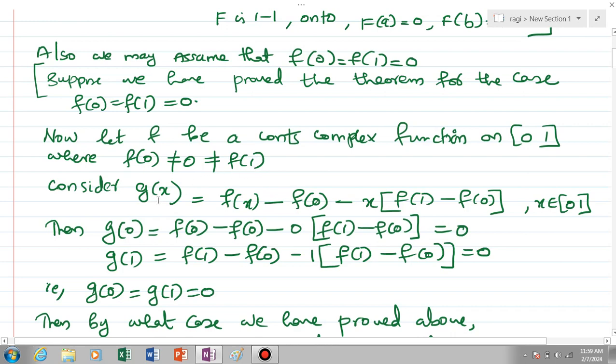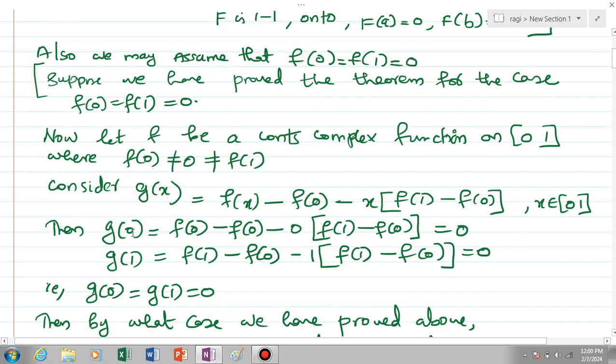Now consider the function g of x equal to f of x minus f of 0 minus x into (f of 1 minus f of 0). Clearly the domain is closed interval [0, 1].